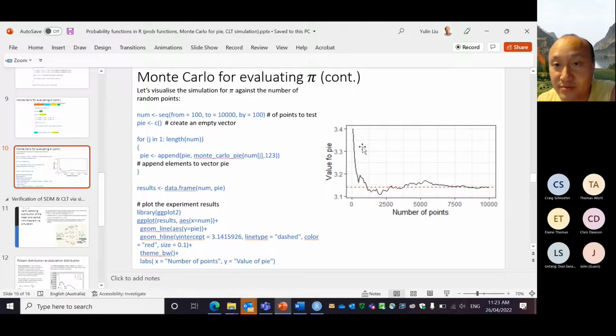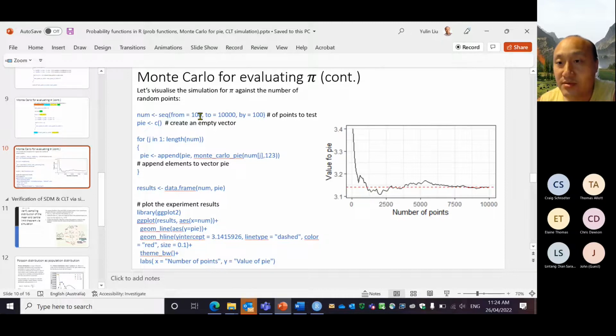Basically, we run a series of 100 experiments. In each Monte Carlo experiment, we randomly generate a different number of points. In the first experiment, we randomly generated 100 points. In the second experiment, 200 points, and on and on.